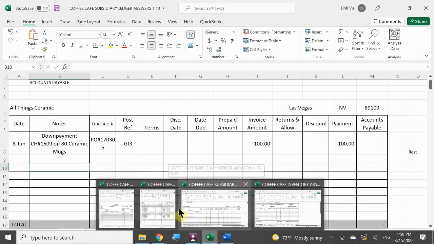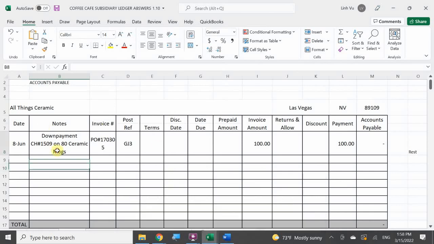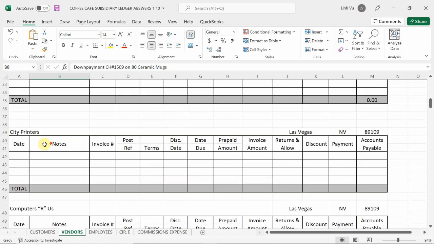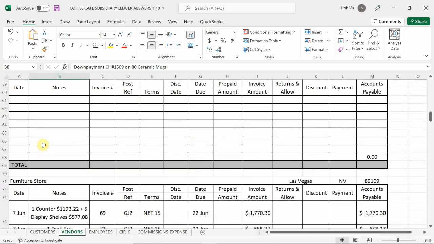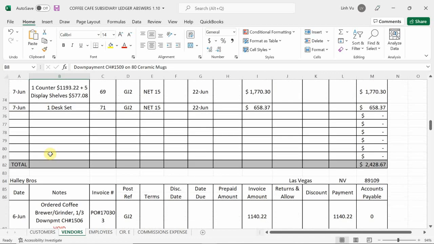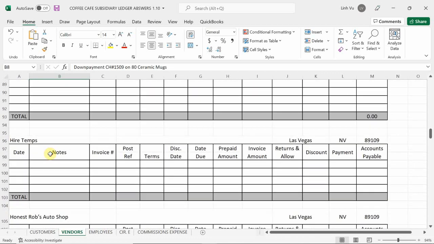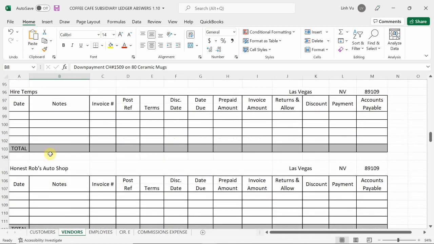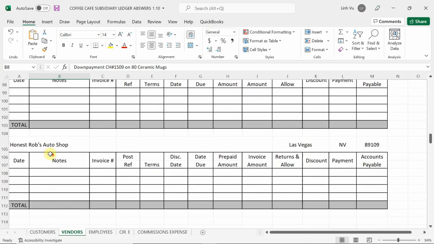Now, last thing, so let me see, we're done with that transaction. However, we forgot to plug in all the information for Honest Robs, right? We put everything into the ledger, but we forgot to put it in the subsidiary ledger. So in this case, I got to go back down and go to Honest Robs, furniture store, hire temps, Honest Robs.